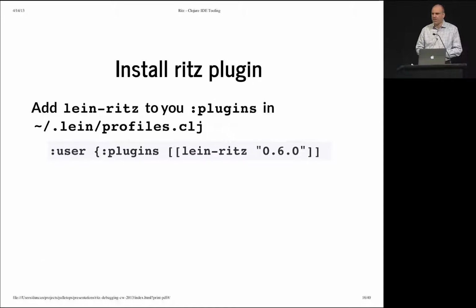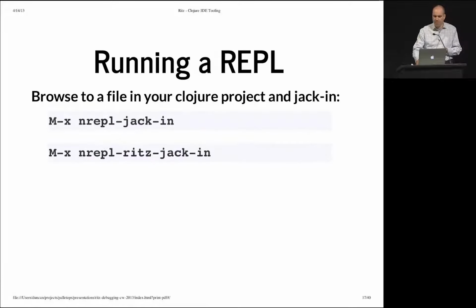To run the two nREPL servers, there's a Leiningen plugin called lein-ritz. To make that globally available, you add it to your user profile in Leiningen. And finally, to run a REPL, nrepl.el provides nrepl-jack-in, and nrepl-ritz provides nrepl-ritz-jack-in.